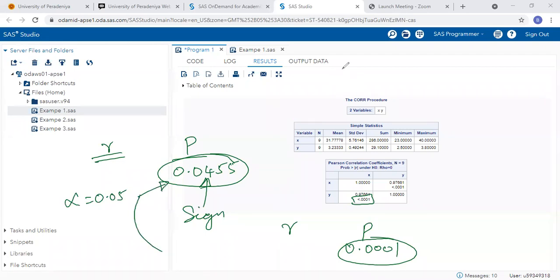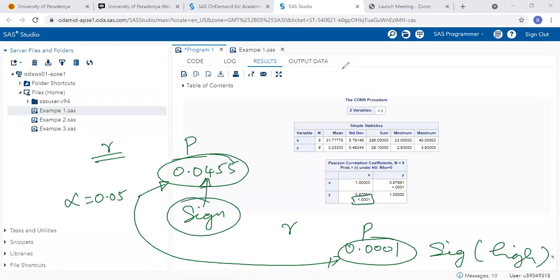But there is a level of significance. Here we can say highly significant.